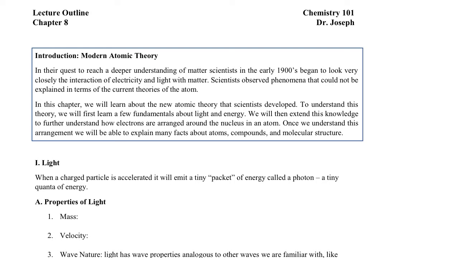It will also give us a lot more power to understand how compounds actually form. It will give us insight into why we have what is different between salts or ionic compounds and molecular compounds, and why that might be the case.